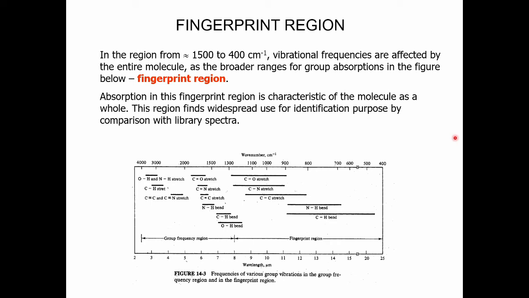The reason it is called the fingerprint region is that the signals you tend to get here are very indicative of the molecule itself. And normally, if you have a very pure sample of whatever molecule you're working with, the fingerprint region is so exact you can usually compare it to a known version of whatever you've purified.